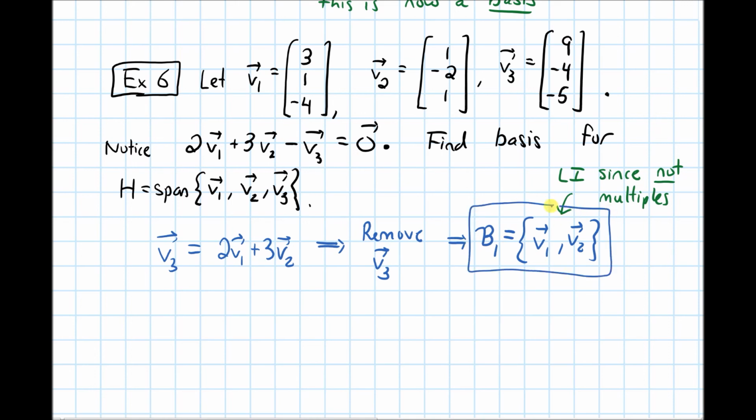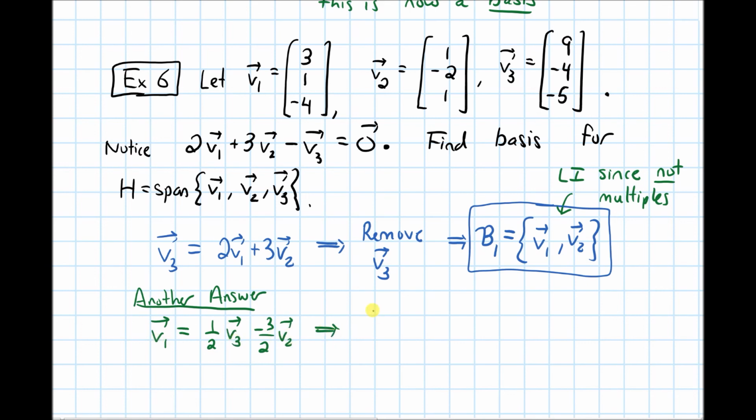But I also want to answer this in another way. So what if I had chosen to write my linear combination in another way? Here is another answer. What if I chose to isolate v1, for example? If we isolated v1, we would have gotten 1/2 v3 minus 3/2 v2. So I can write v1 as a linear combination of the second and the third vectors.